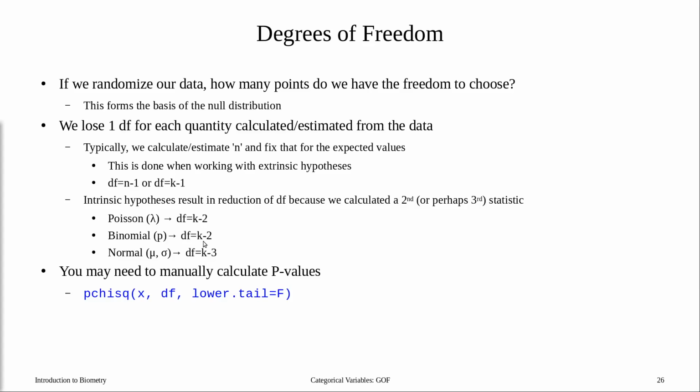So we lose 1 from our sum, from our total, and we lose 1 for that p that we estimate, so our degrees of freedom will be k minus 2. If we wanted to fit a normal distribution, we would have to estimate mu and sigma from our data. So those are 2 things that we estimate. So we lose 1 for the sum, 1 for the mu, and 1 for sigma, so our total degrees of freedom would be k minus 3.